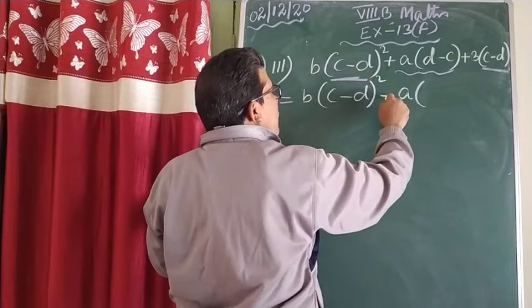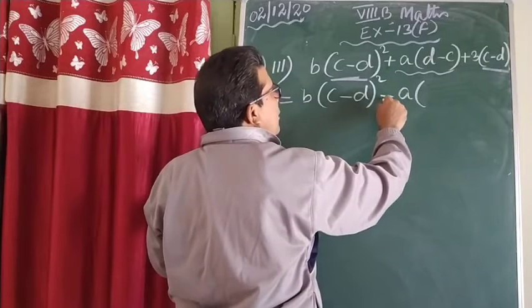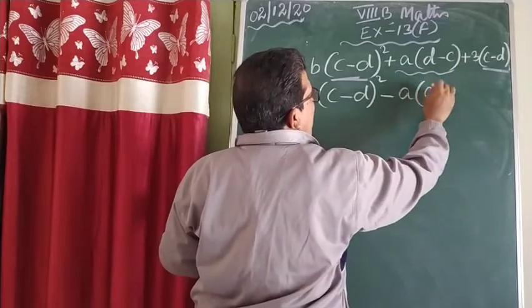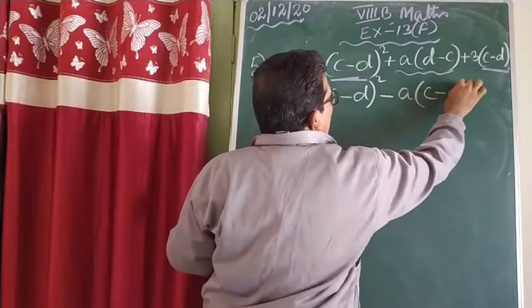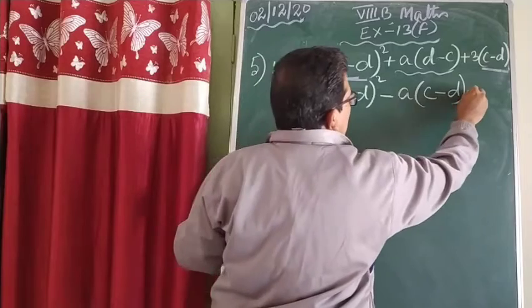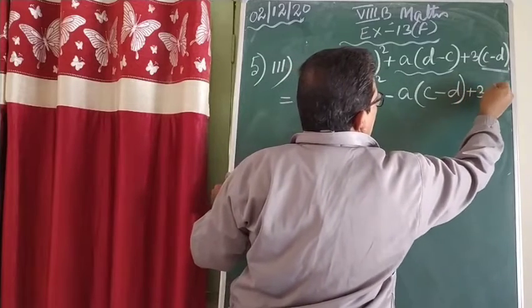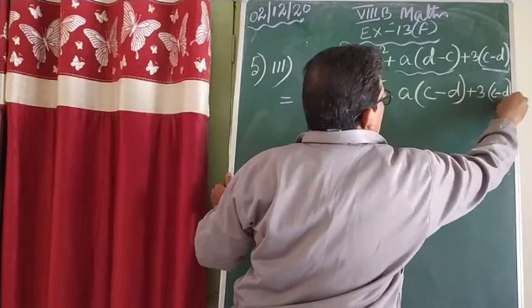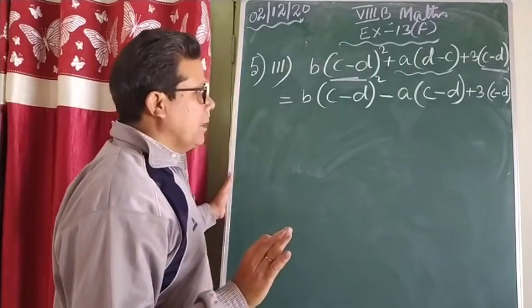In place of plus I have taken minus, so this minus becomes plus and plus becomes minus. So you can write here plus 3(C minus D). Easily you can do like that.